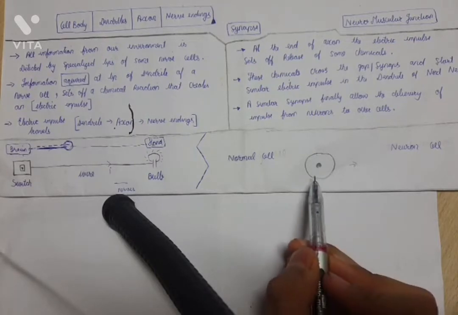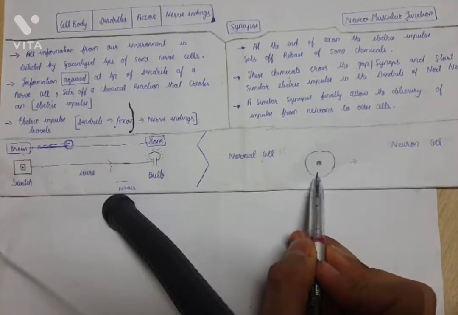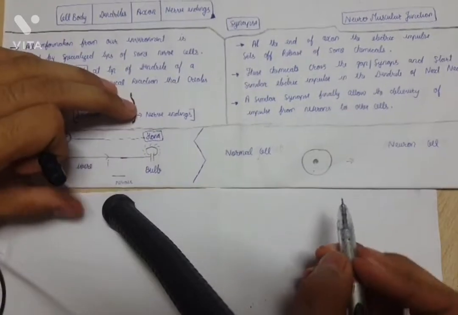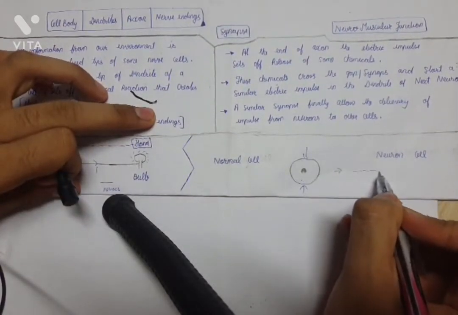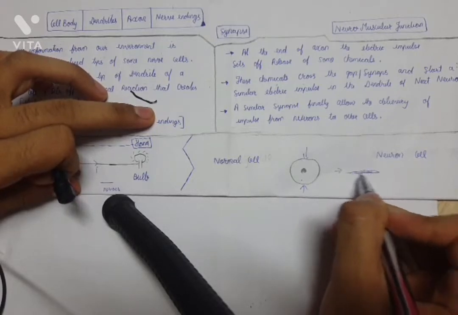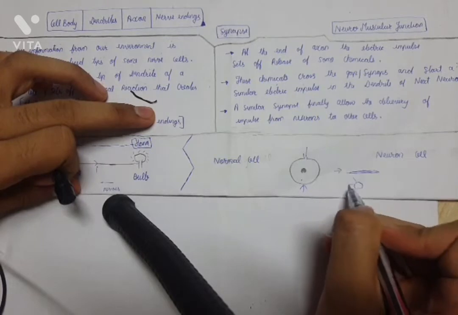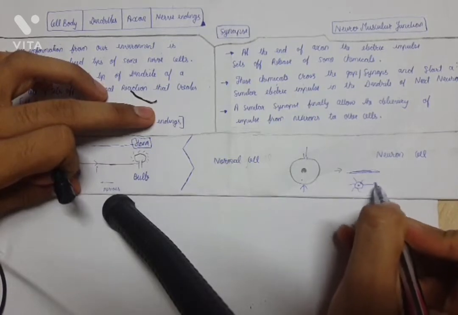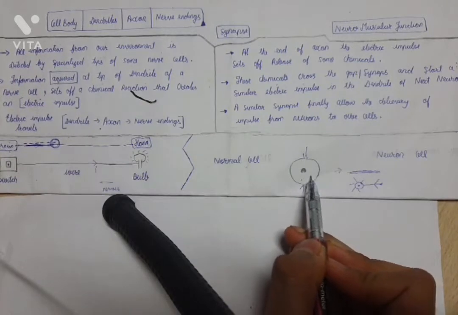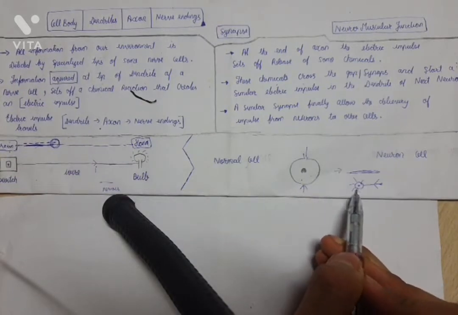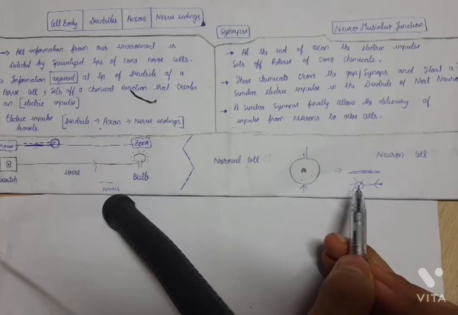We all know that the normal cells of our body are like this, but if you squeeze this cell from these two directions, you will get a cell like this. So this is a normal cell of a human body, and this is a cell called a neuron.